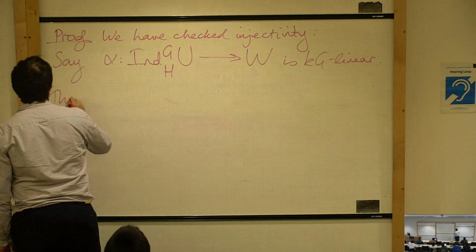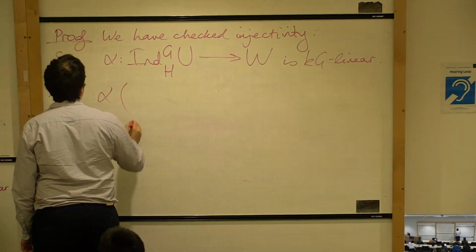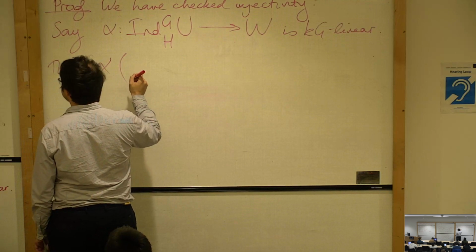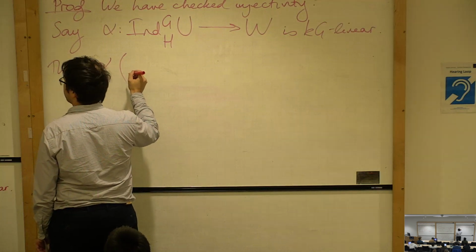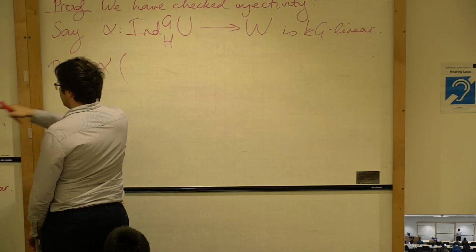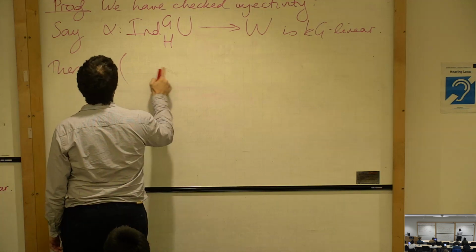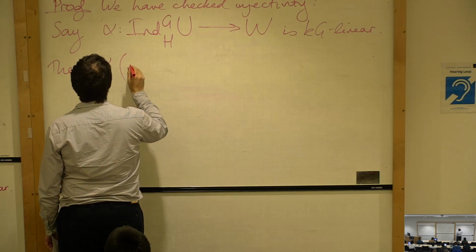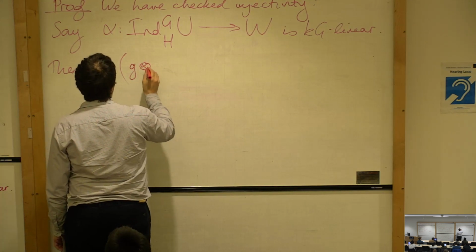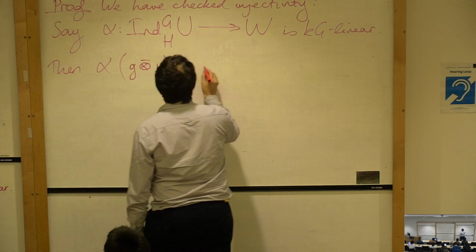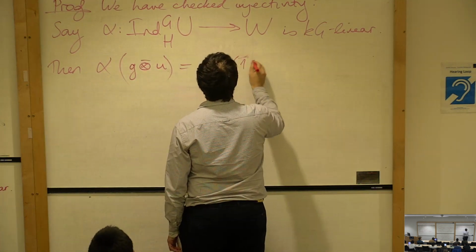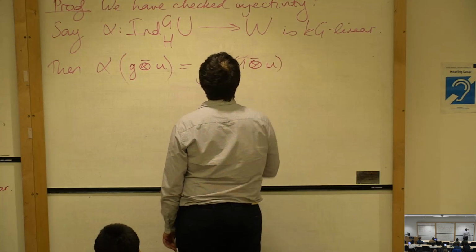Then necessarily alpha is a beta tilde, right? Alpha of G dot tensor bar U, by linearity, is G dot alpha of 1 tensor bar U.